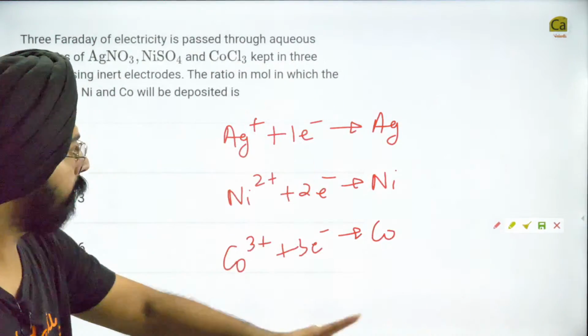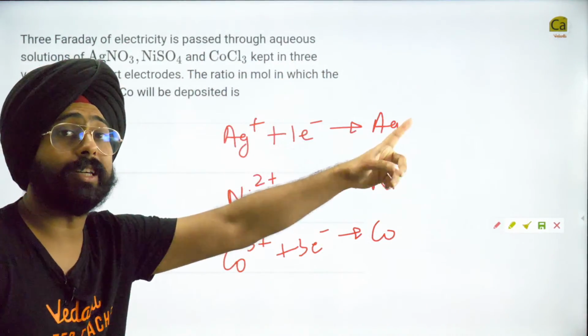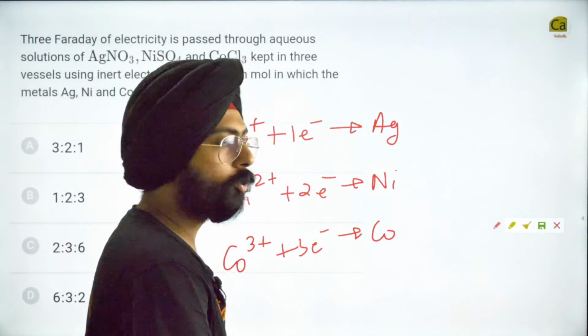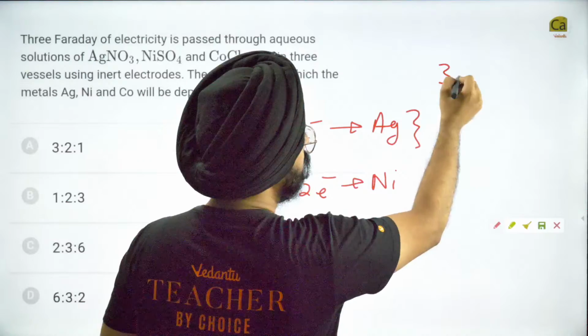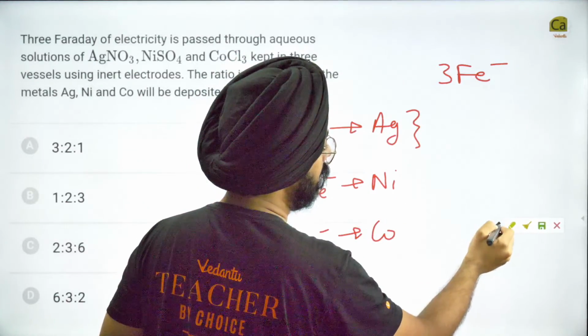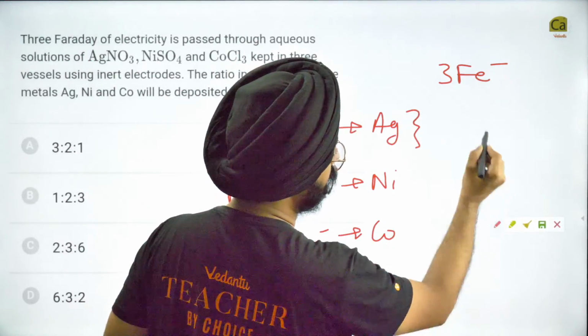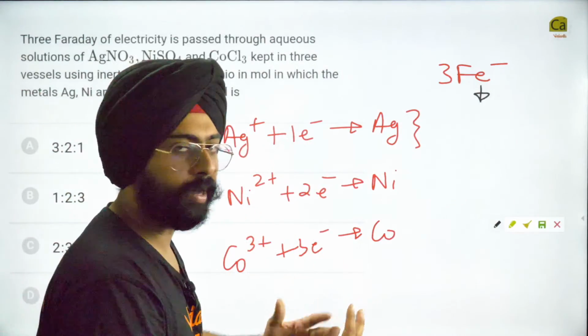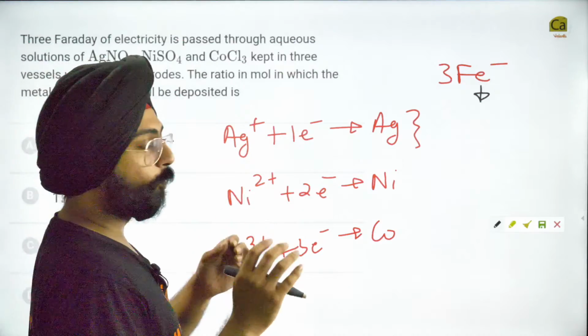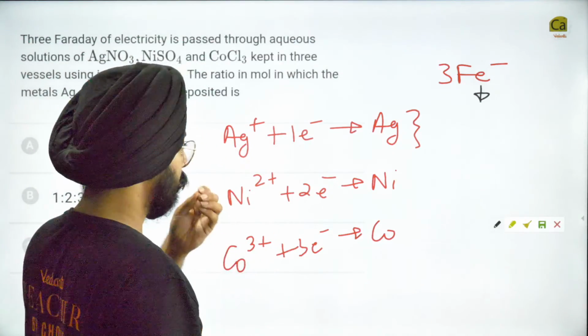So if I am providing it 1 Faraday of electrons, 1 Faraday electrons is 1 mole of electrons. 3 Faraday electrons से अपने पास क्या बनेगा वो सोचते हैं. I'm going a little faster because we have too many questions. Yeah, so sorry if I am a little too hurried right now.